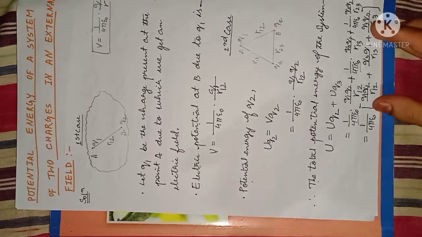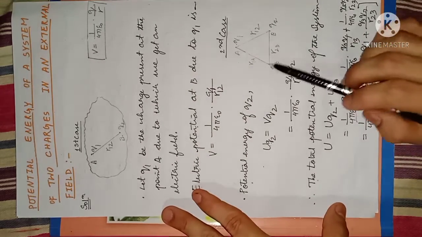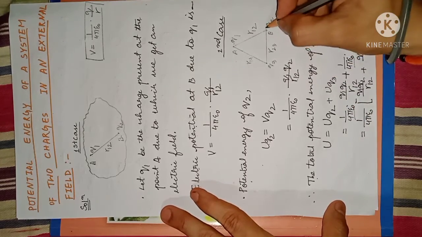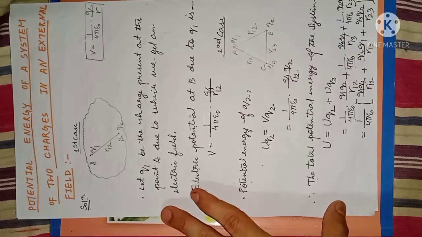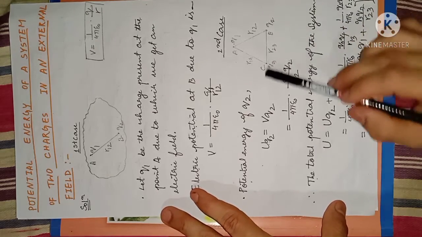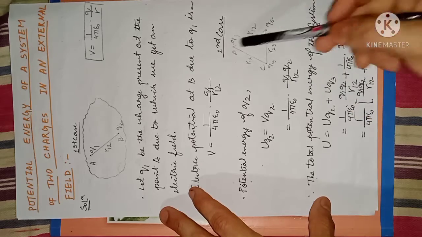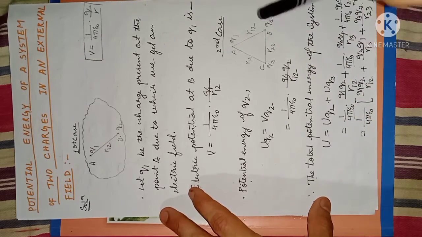Now, when the charge Q3 is placed at C, suppose this point be C, I have not written, you can write down. Suppose when the charge Q3 is placed at the point C, then it will experience two electric fields due to Q1 and Q2. So this one only we need to write.